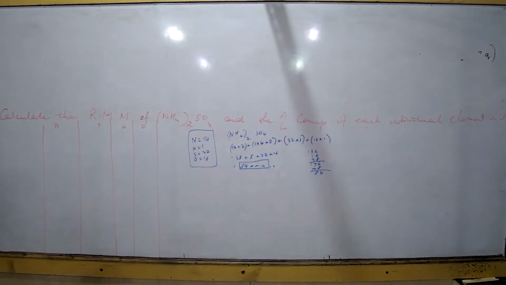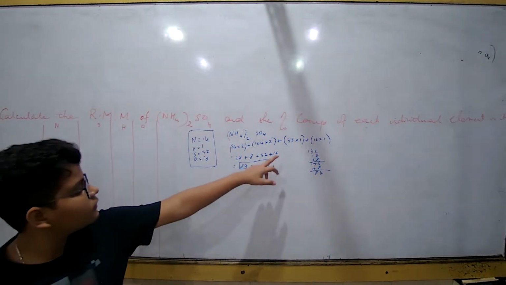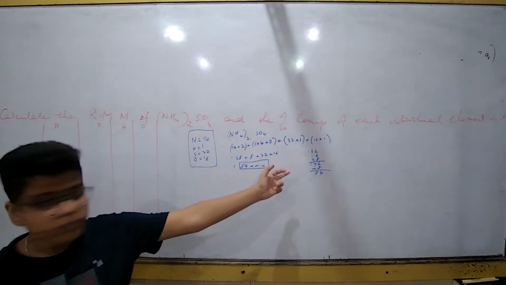First is correct, second is correct, third one. After sulfur you got 32 into 1. And oxygen is what? When you go to oxygen.